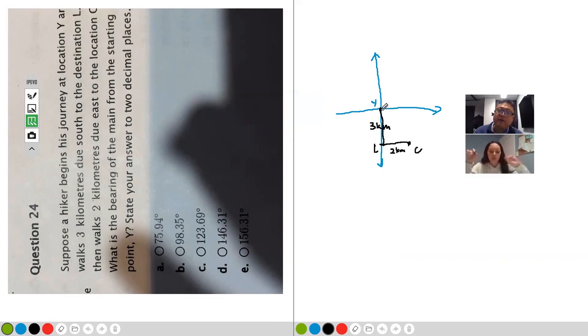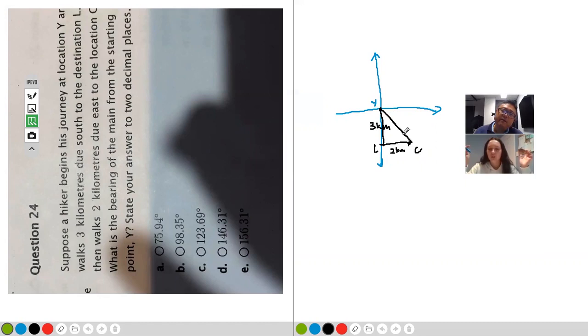So do we have to take it as a triangle and use Pythagoras to work out the hypotenuse? And then what are we trying to find? Not the hypotenuse. Do we need to find the length? No, we don't need to find the hypotenuse.